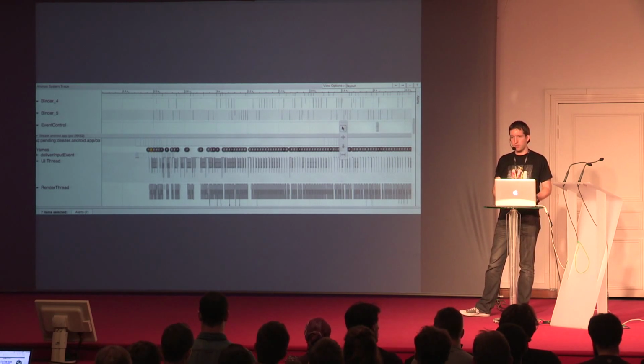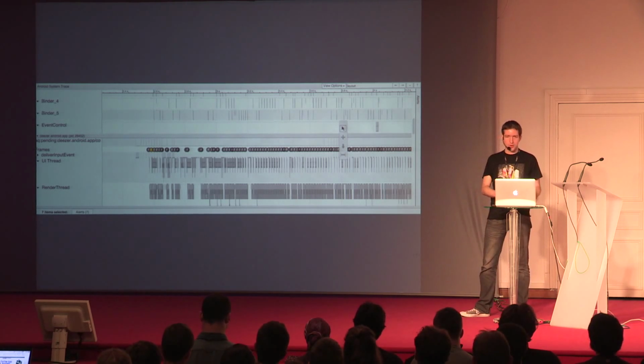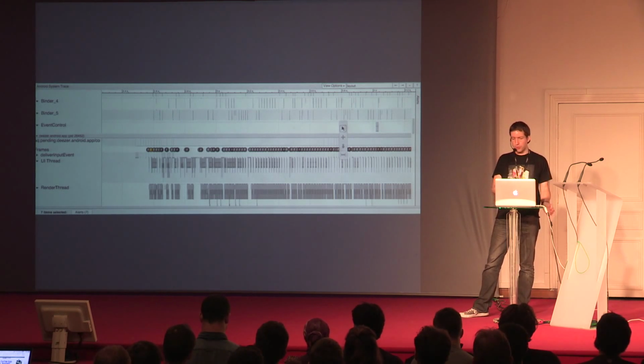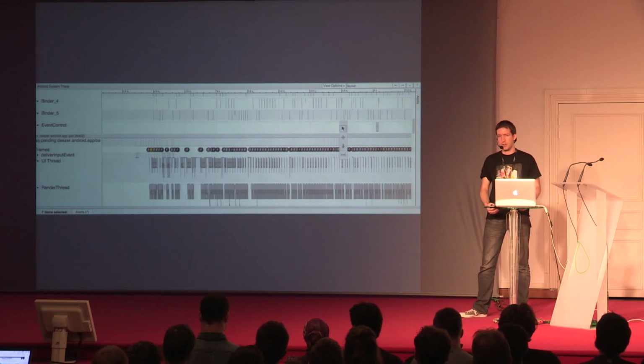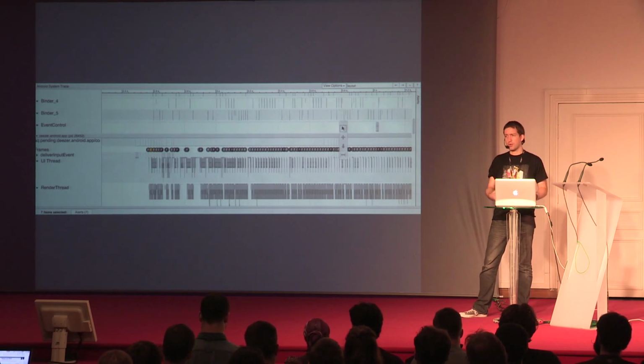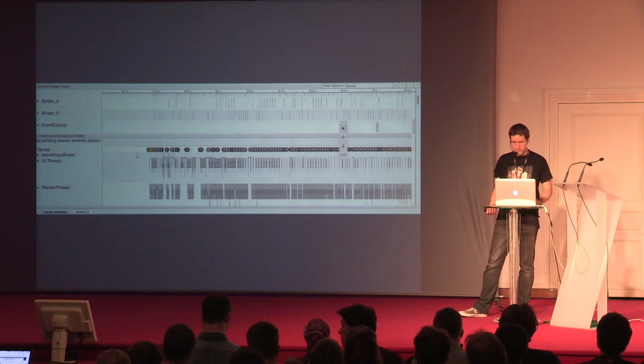That's the one we are most interested in. On the Marshmallow device I monitored, I not only have a UI thread, but also a render thread in order to be a bit more performant. It does not really matter. If I only had one UI thread, I would get less performance, but the logic is the same from a developer point of view.